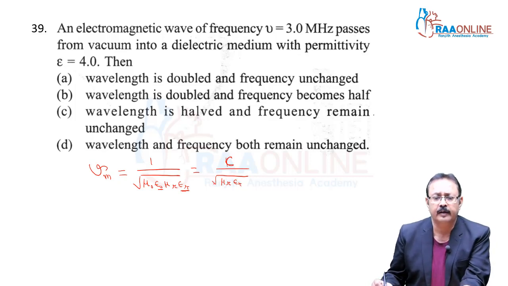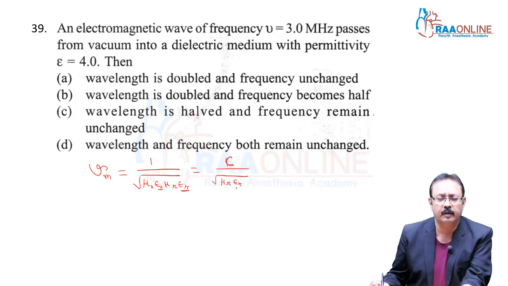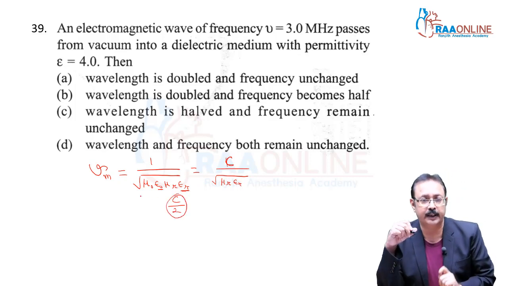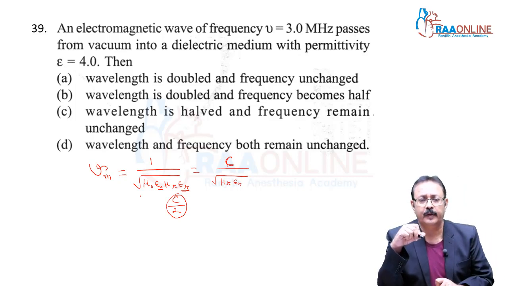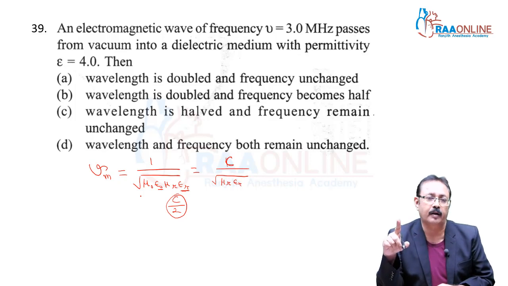If we are entering a medium of permittivity 4, so 2 will come out of the square root. If 2 comes out of the square root, the speed of light will be halved. Frequency is not changed. But if speed is becoming half, speed is nu into lambda.